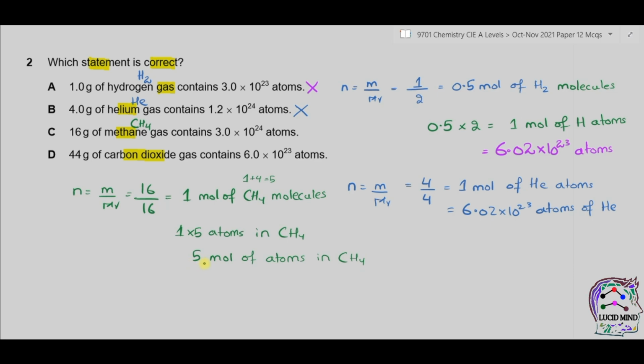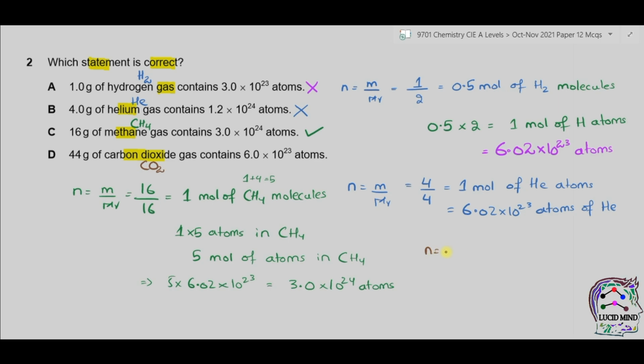Now converting these moles into number of atoms, we can multiply this by Avogadro's constant. 5 into 6 exponential 23. It comes equal to 3.0 exponential 24 atoms present in CH4. So this one seems to be correct. Now part D, 44 grams of carbon dioxide, again CO2 is a molecule.